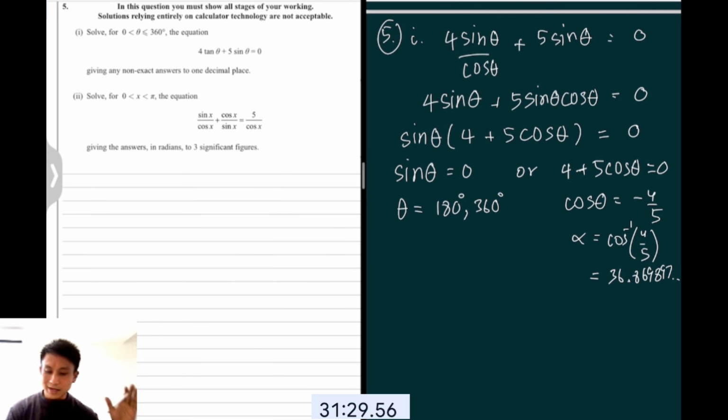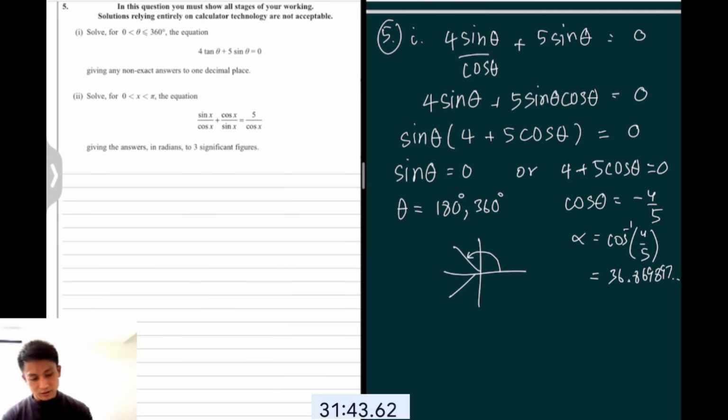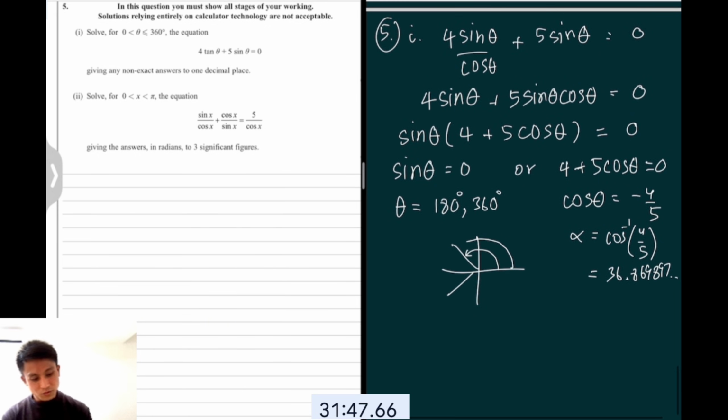Then we consider the CAS diagram. In the CAS diagram, this is cos of a negative value, so we take these two quadrants. We find the angle sweeping from the positive x-axis. That's one angle there, more than 90, an obtuse angle, and this one would be a reflex angle.